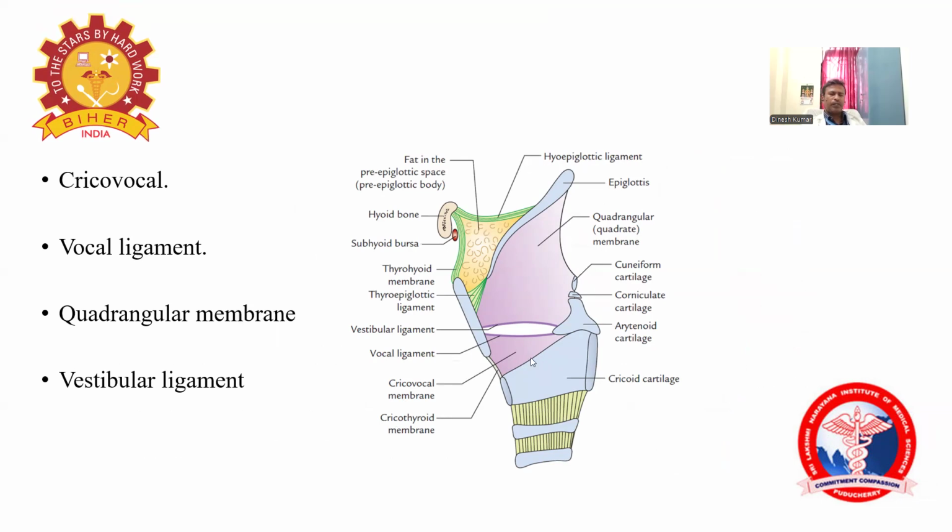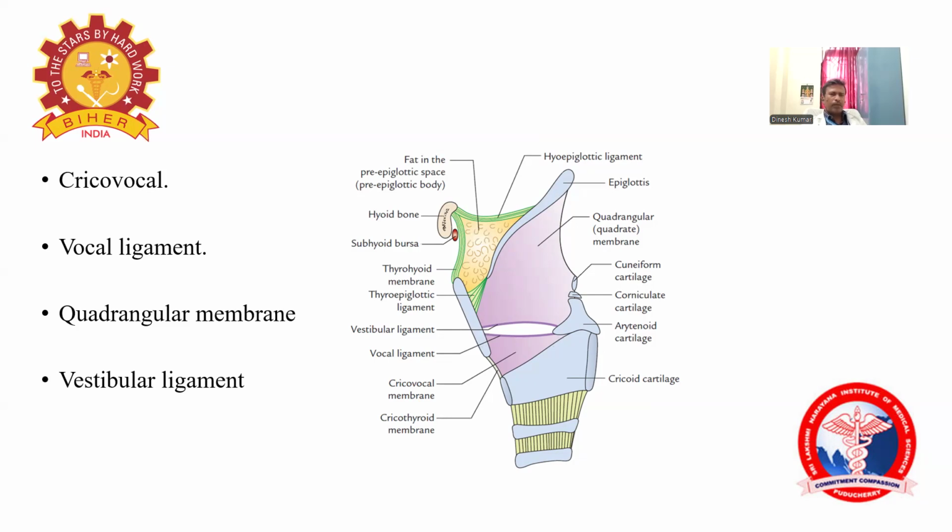It is an extension from the posterior surface of the thyroid cartilage to the base of the arytenoid cartilage. Next one is the vocal ligament. This ligament is a thick fibrous sheet that extends from the posterior middle one third of the thyroid cartilage to the base of the arytenoid cartilage.